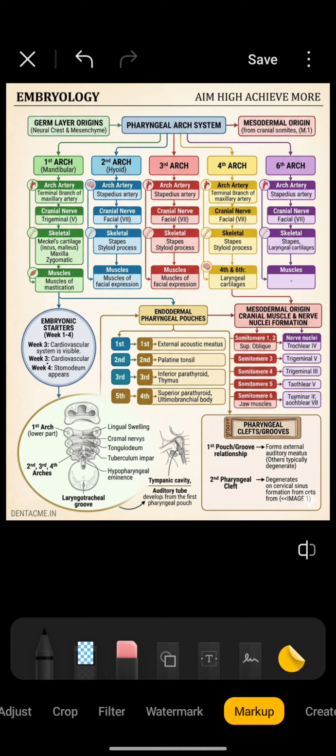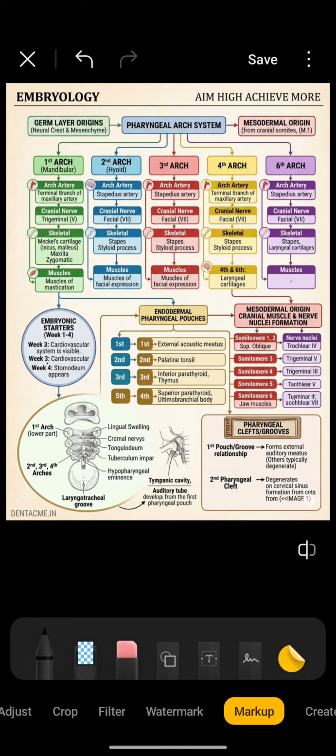Firstly we should know some basic embryonic stages. In the first and second week there is formation of the zygote. The third to eighth week is the embryological period.